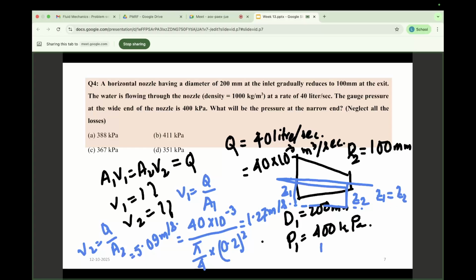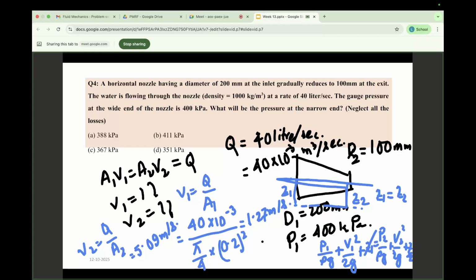So from Bernoulli's equation, I can write P1 by rho G plus V1 square by 2G plus Z1 equal to P2 by rho G plus V2 square by 2G plus Z2. So this Z and this Z will cancel out.